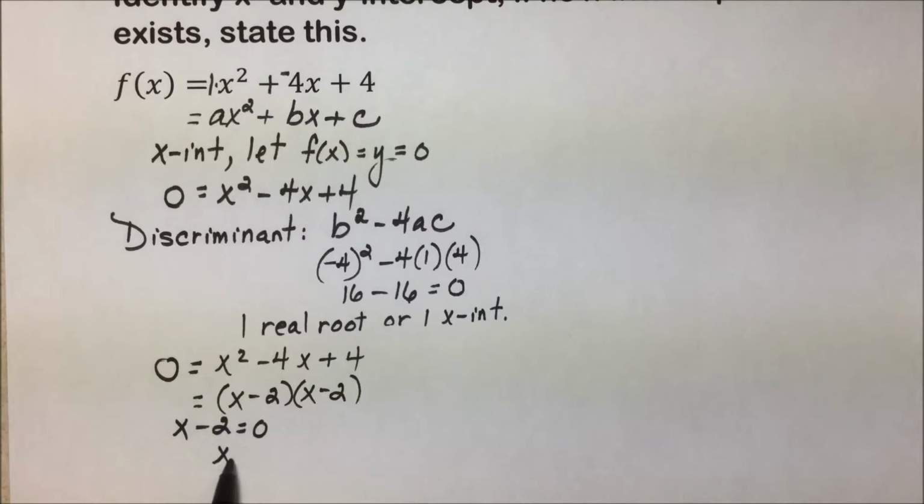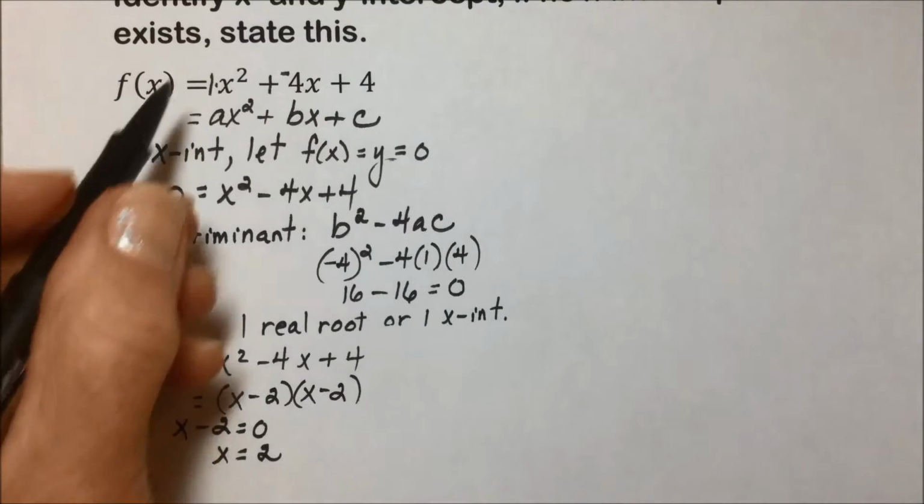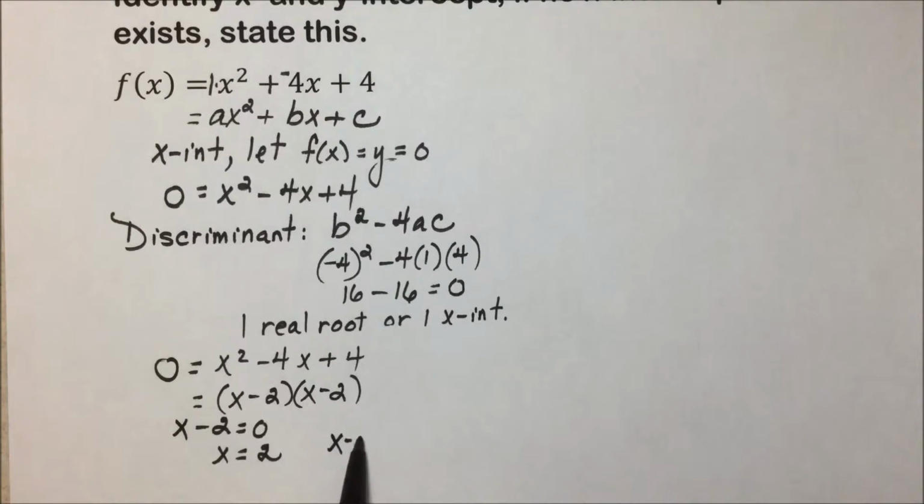Adding 2 to both sides, we end up with x is equal to 2. So long story short, the x-intercept will be at (2, 0). This parabola will only intersect the x-axis in one point, and it will be at (2, 0).